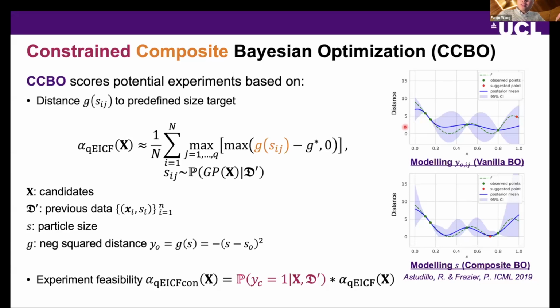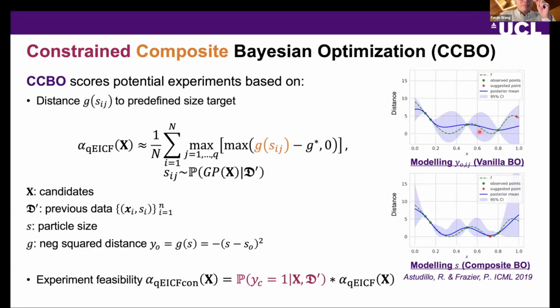If you're familiar with Bayesian optimization and have applied it before, what would be a straightforward way to apply it? It is converting this target matching problem into a minimization problem, which is to minimize the distance of the stuff that we just made to the target product that you want. And you can, of course, use a Gaussian process to model this distance, and this will be the posterior distribution you have.